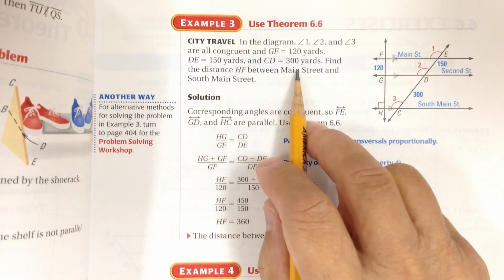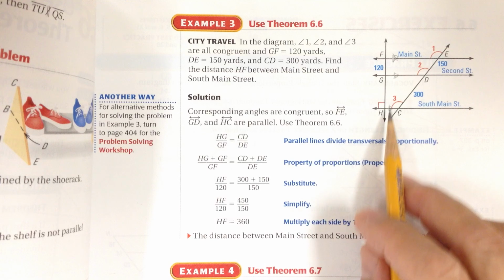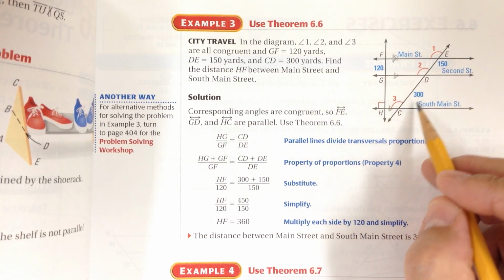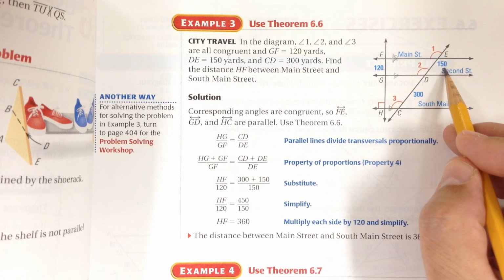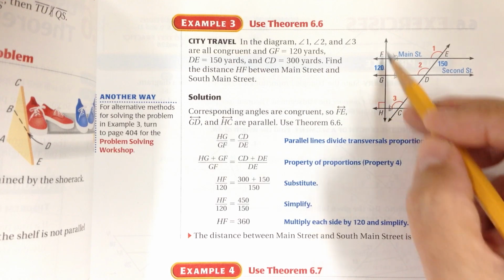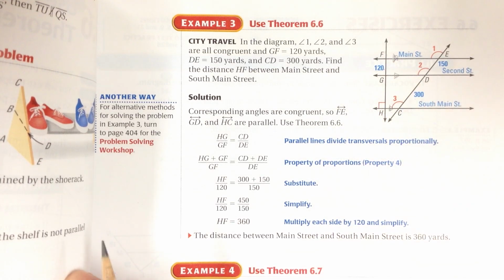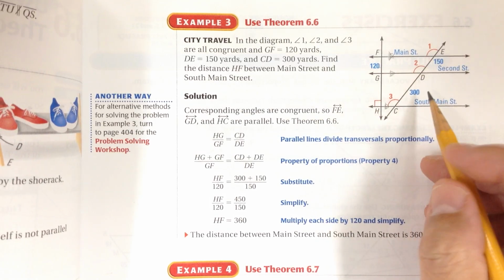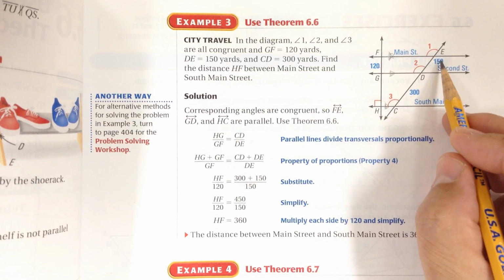Okay, but anyway, so GF, this is 120, and this is 300, this is 150. From the distance HF, from this distance. Actually, this is fairly easy because you can see over here, everything is proportional, right? So notice that this is twice as that.